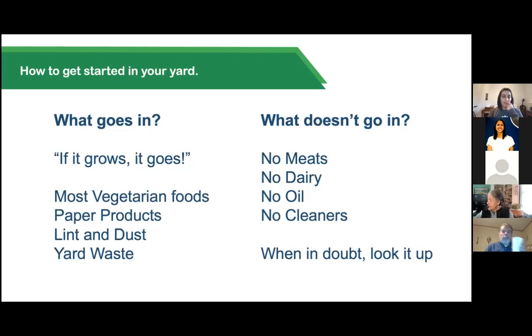So even the vacuum cleaner, unless there's any little plastic pieces or debris that's been picked up that can't go in the compost, I'll just dump that in too. Again, it's a great way to balance out moisture. It's the dust from your house. We have a cat and a dog and the two of us, so there's a lot of hair around the house, so we can just put that hair, our hair, dog and cat hair, all goes into the compost. And then your yard waste.